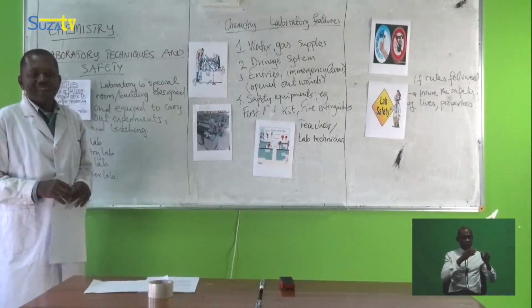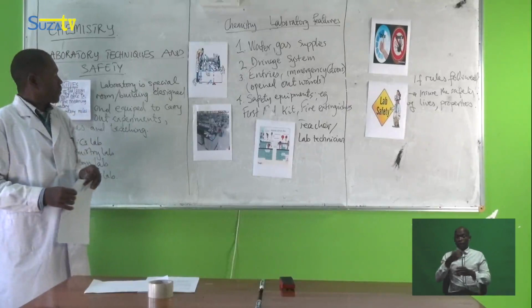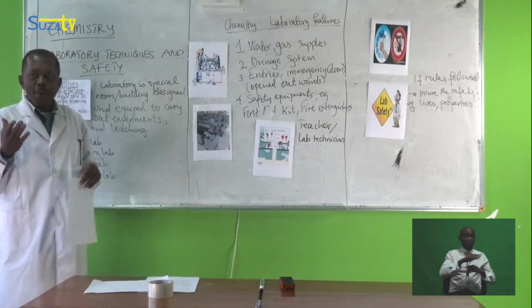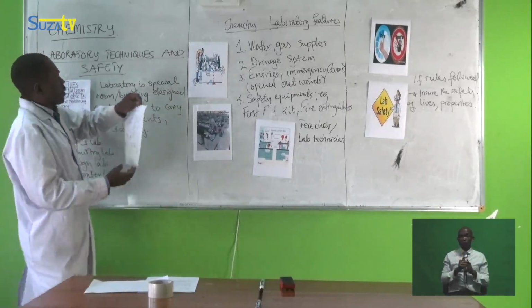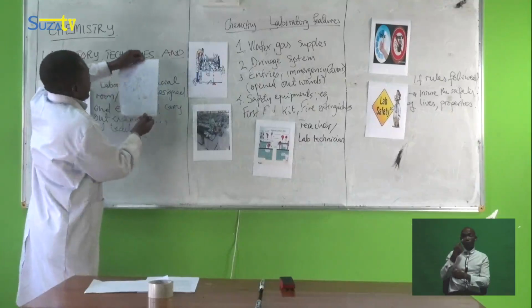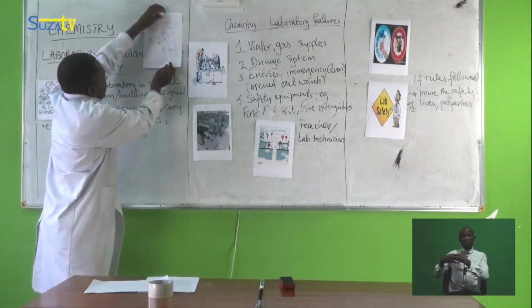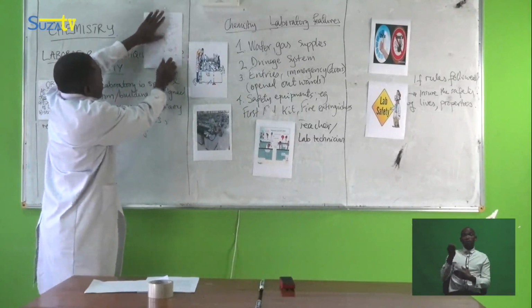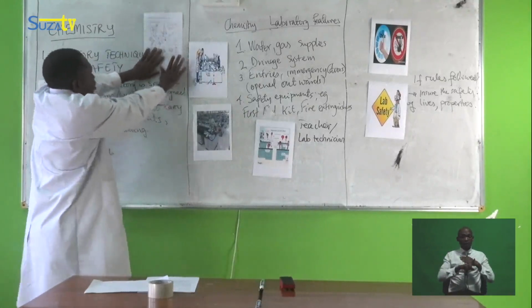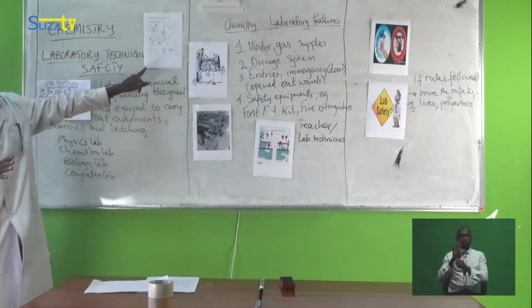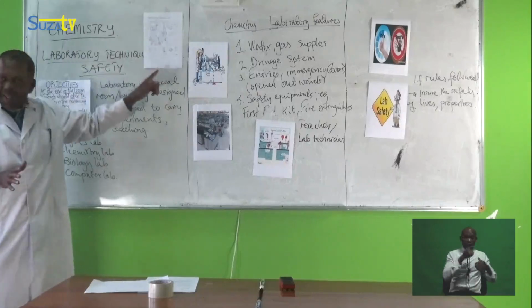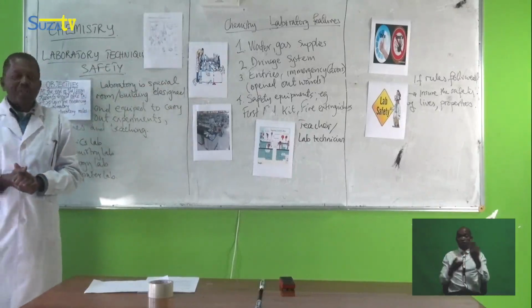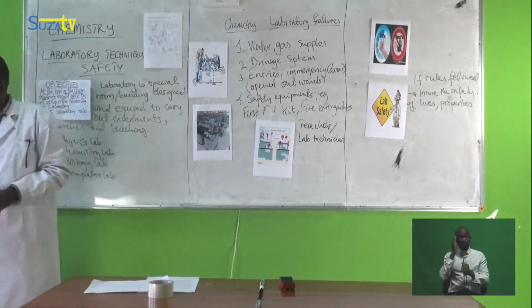Now let's have that kind of activity, and you are going to do on your own. The activity is seen in this picture. This picture or diagram contains a lot of activity going on in a place that we know is laboratory.